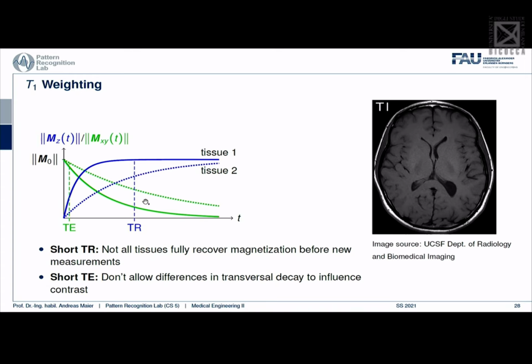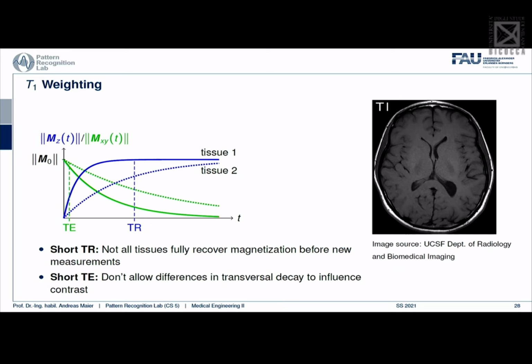But then you use a repetition time which is shorter than T1, so that when you are doing the subsequent excitations, the tissue with longer T1 has not recovered the full magnetization yet, so it will be less excited and will give you back less signal.